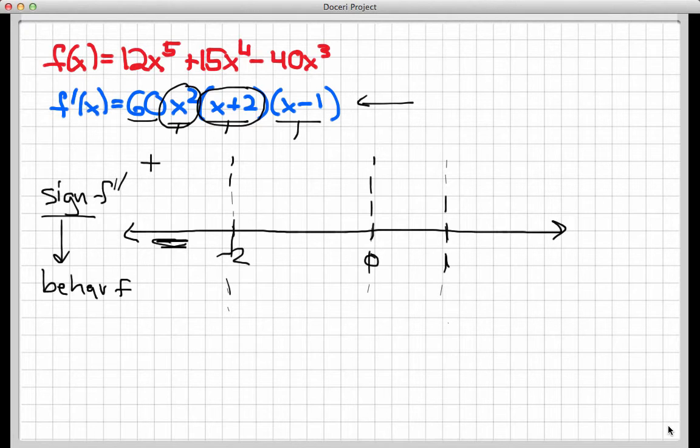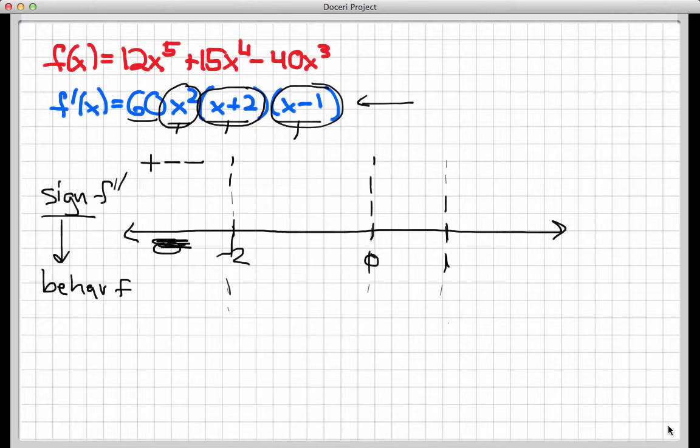And so x plus 2 is always negative on this interval, so I'm going to denote that with a minus sign. Lastly, this third factor here, x minus 1, is also negative for every x value on this interval. Pick your favorite x value to see that, say x equals -3 again, and -3 minus 1 is negative. Okay, so I'm going to denote that with a minus sign. Now what this tells me is f prime is the product of those three things and a plus 60.